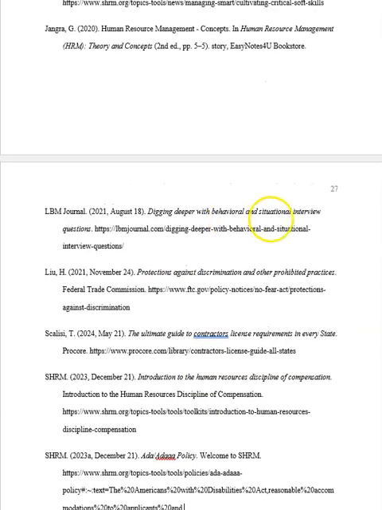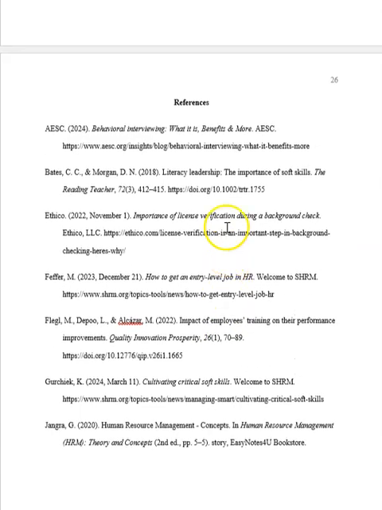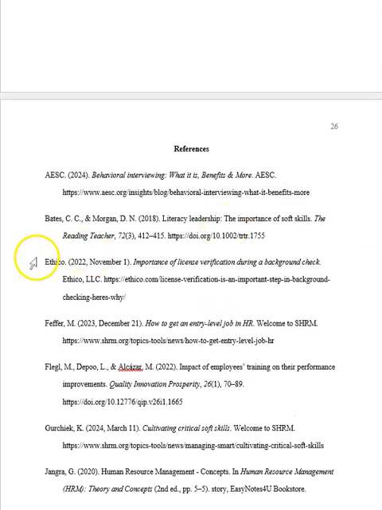Publication titles, not article titles, should be in italics. The Reading Teacher is a publication title, which is done properly, and then the title of the article, Literacy Leadership: The Importance of Soft Skills.